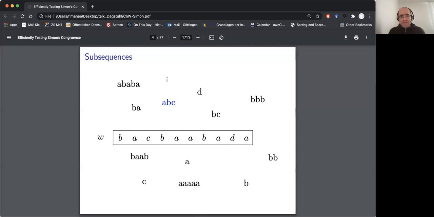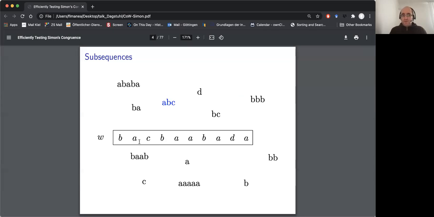Now, for instance, ABC is also a word, but it's not a subsequence of this initial word that we have, W, because you cannot find A, B, and C while going from left to right in this order. So for instance, you find A here, then you look for a B, you find B here, but after this B, there is no C. And as you have seen, I identified this subsequence in a sort of greedy manner.